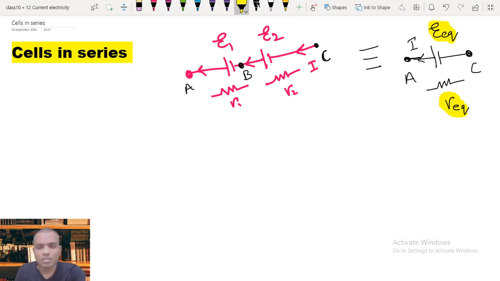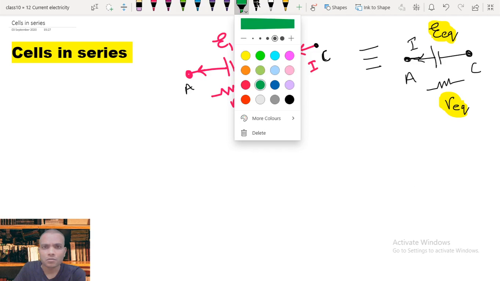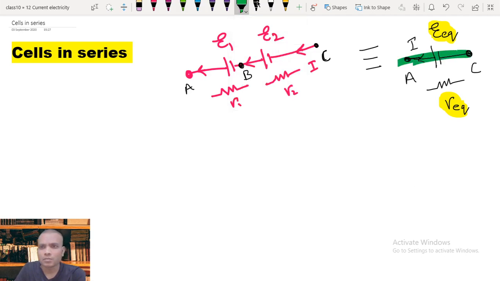These two things I need to find, and this will be the equivalent circuit for the given two cells. Now how can I proceed to find the equivalent EMF and equivalent internal resistance?